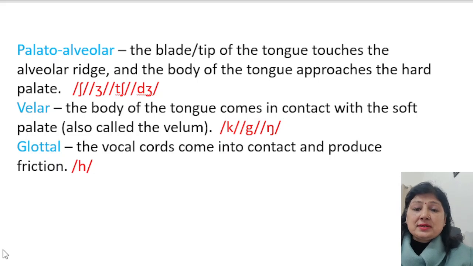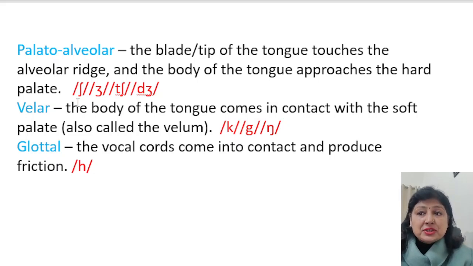Next one is palato-alveolar sounds. In this type of sound, the blade of the tongue touches the alveolar ridge, as well as the body of the tongue approaches the hard palate, as in the sounds like sh, z, ch and j. You can pronounce them. Next one is velar sounds.